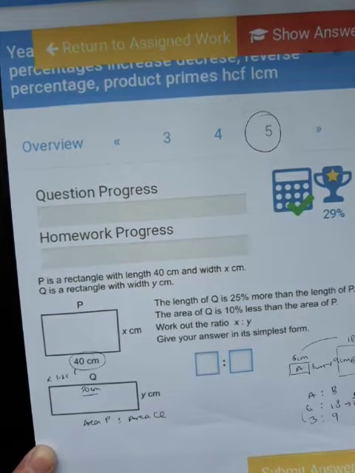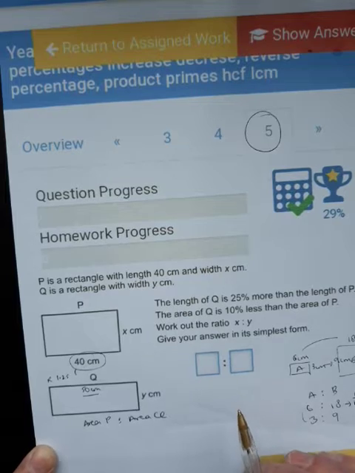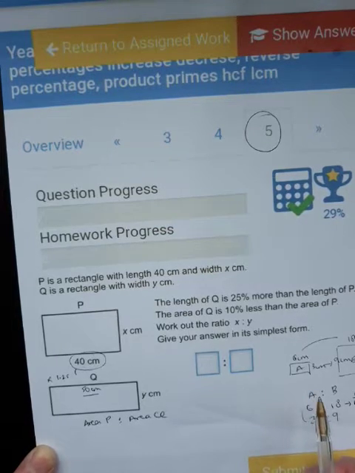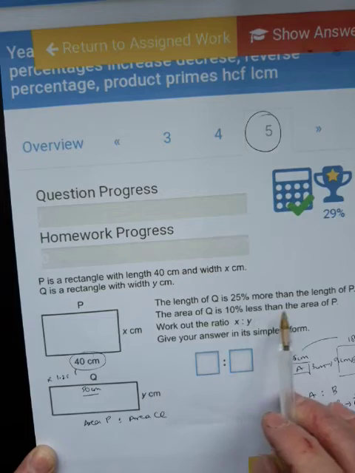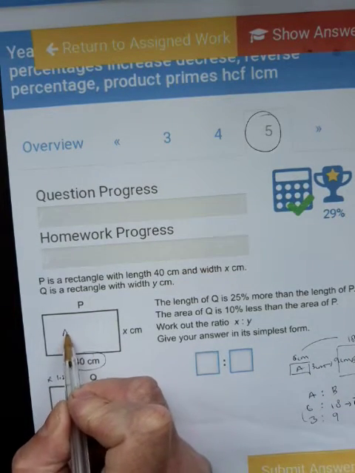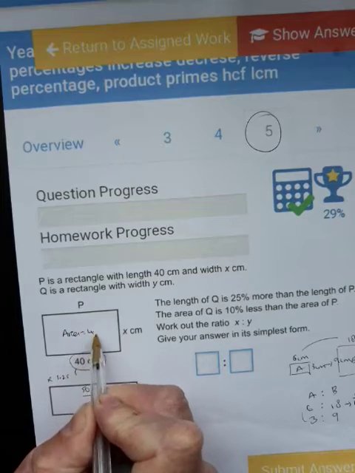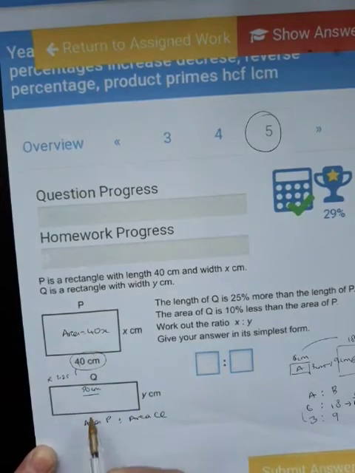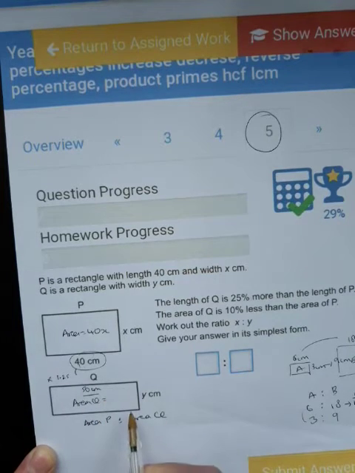Now what do we know? It tells us that the area of Q is 10% less than the area of P. Well, area of P in algebra would be 40x, and area of Q is going to be 50y. But it's not 50y, is it?